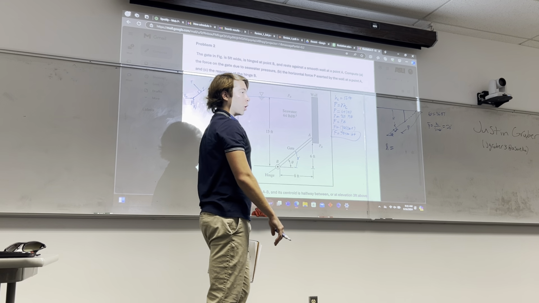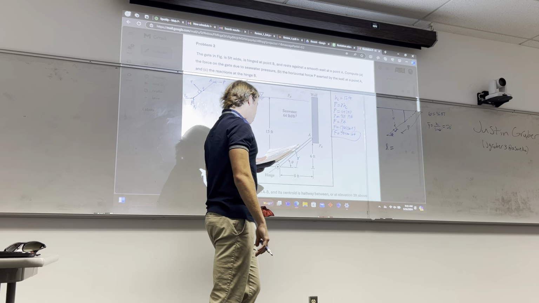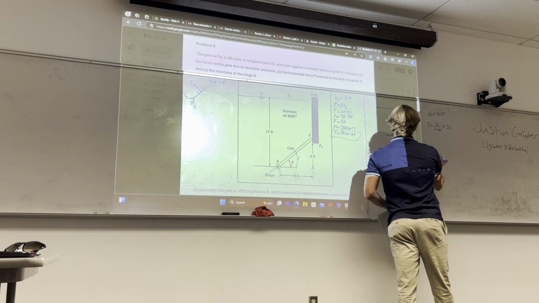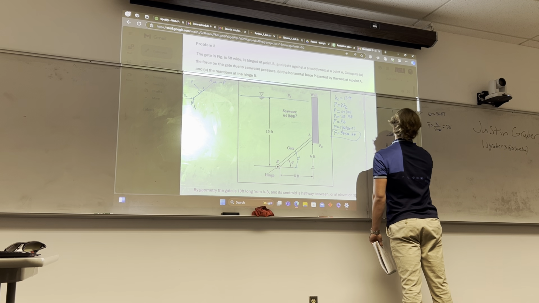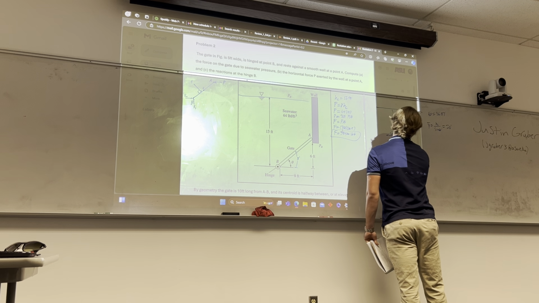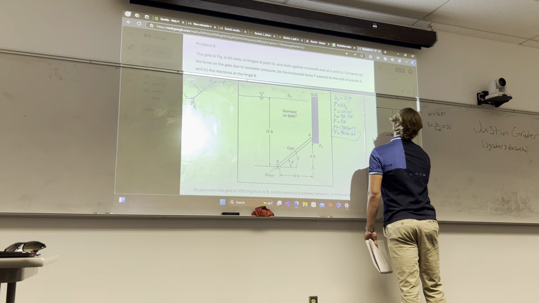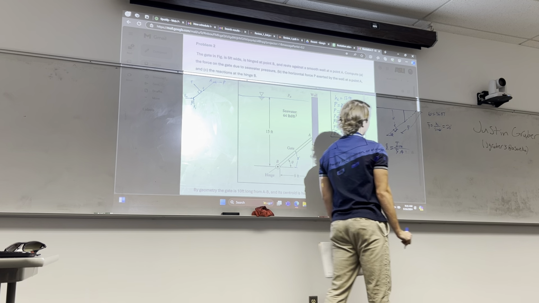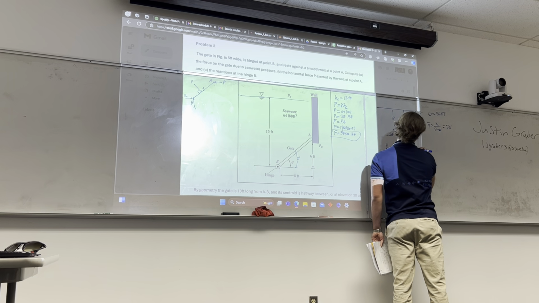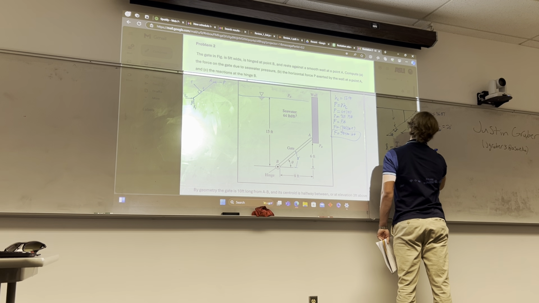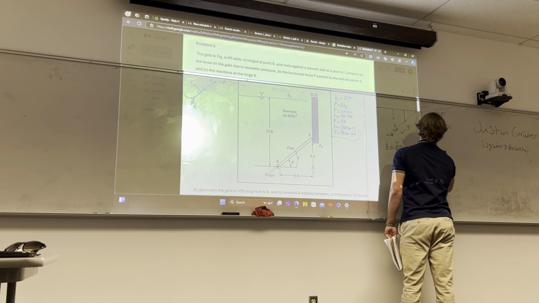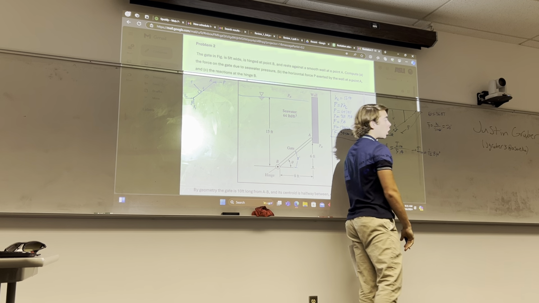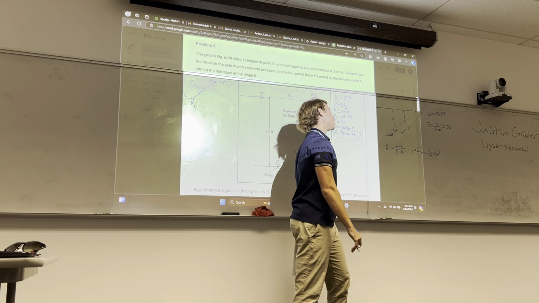You just have to remember your moments of inertia equation. This length L is I x, the moment of inertia about the x-axis, over y bar times the area of the gate. And since it's a rectangle, Ixx is 1/12 base times height cubed, which you should all know and love from all of your mechanics classes.